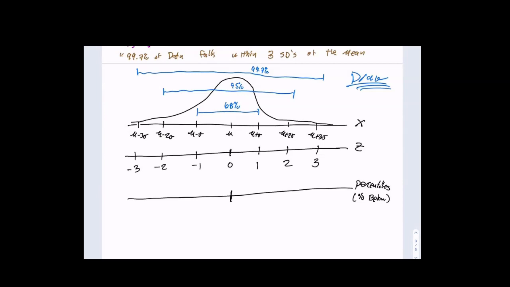If it's symmetric, think about it, how much of the data falls over here, and how much of the data is over here? 50%. So we call this the 50th percentile. If you score the mean, the average, you're in the 50th percentile. Okay?